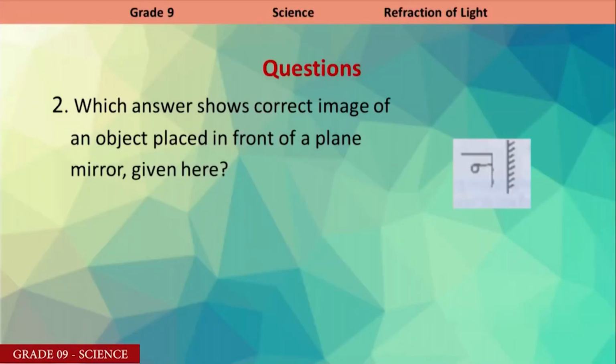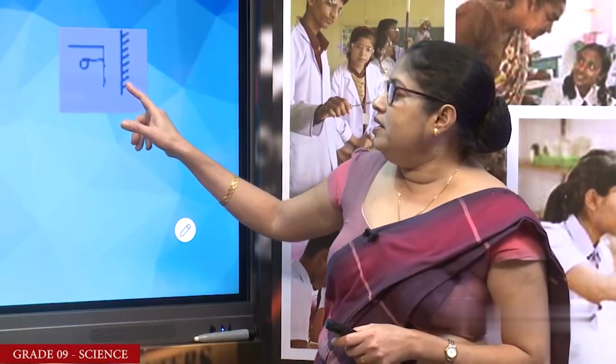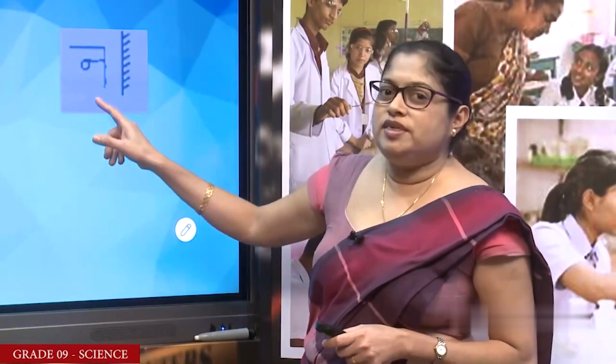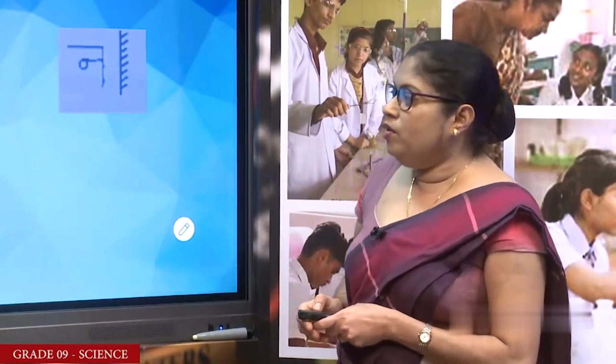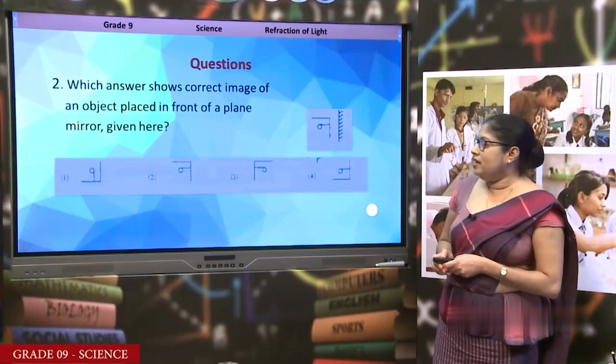Question number 2. Which answer shows the correct image of an object placed in front of a plane mirror given here? Here is the plane mirror, in front of it an object is kept. We will see the answers.